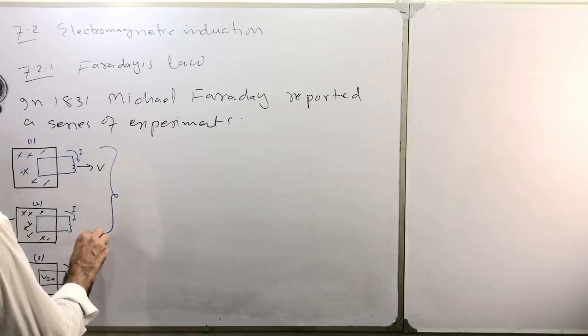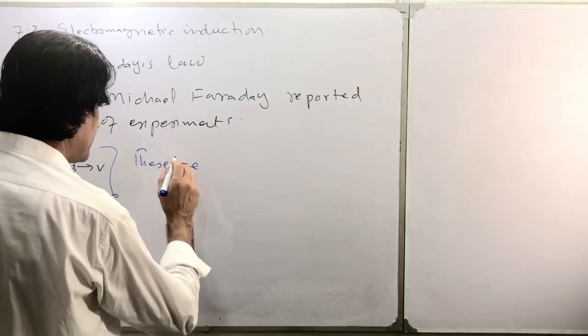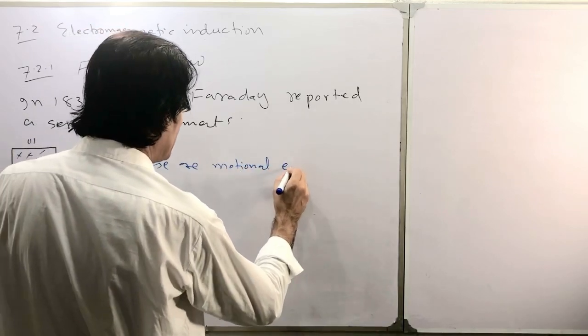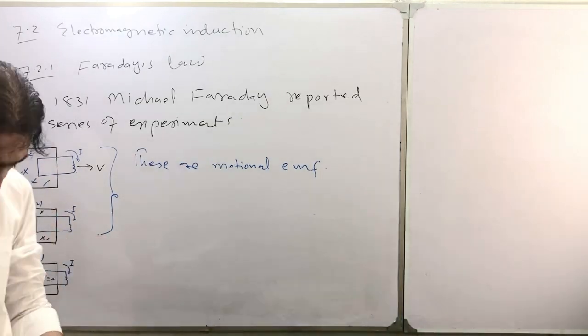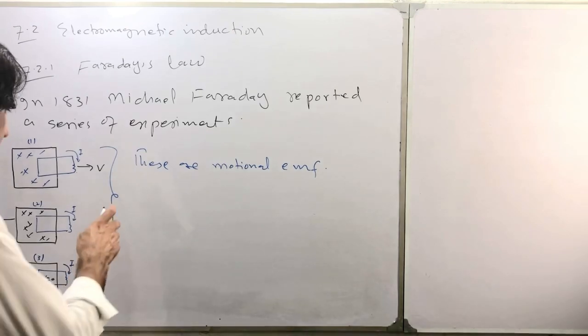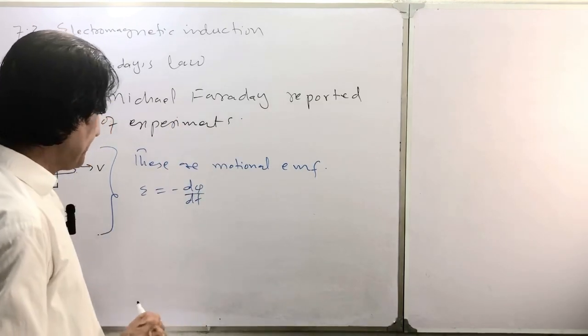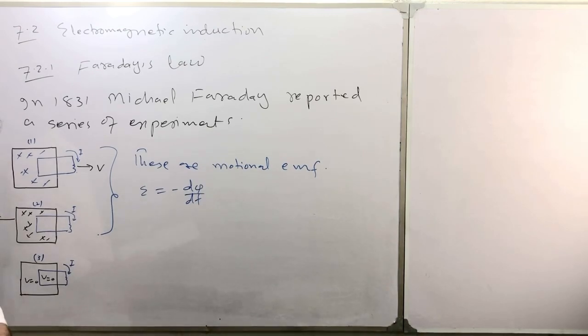These two are motional EMF. This can be generated due to the motional EMF, and one can get minus dΦ/dt. Here the flux changes, and one can get the EMF. But from the third experiment, a changing magnetic field induces an electric field.